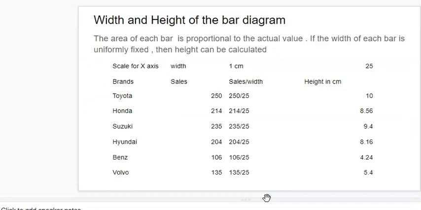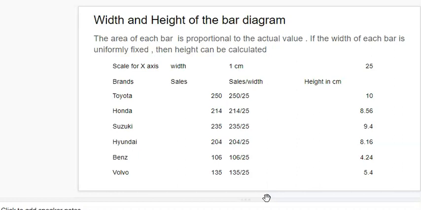Now, how to make a bar chart? We have 250, 214, 235, the actual sales. The first step is to fix the width of the bar.